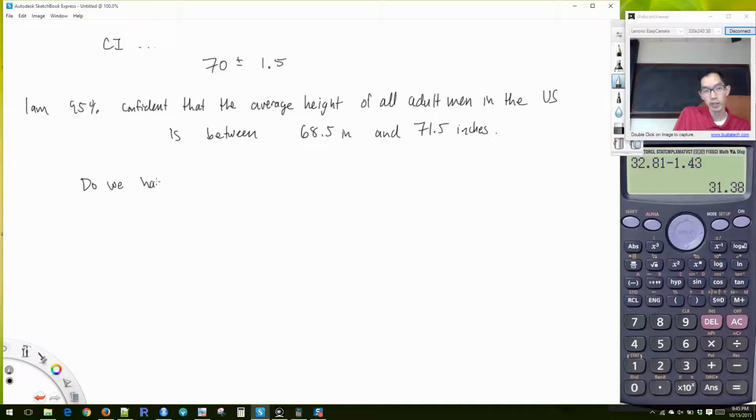All right, so somebody asks, do we have evidence that the mean height is not 72 inches?